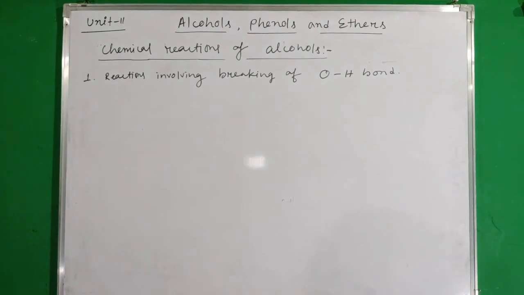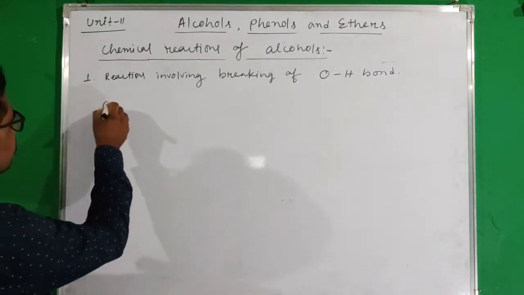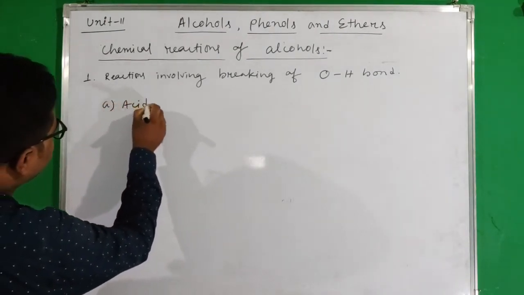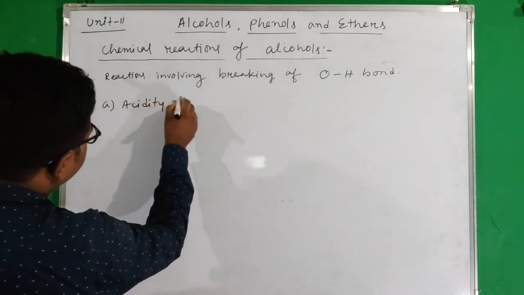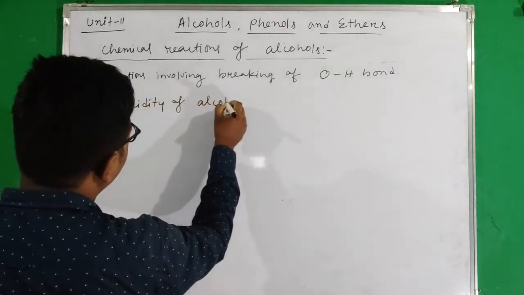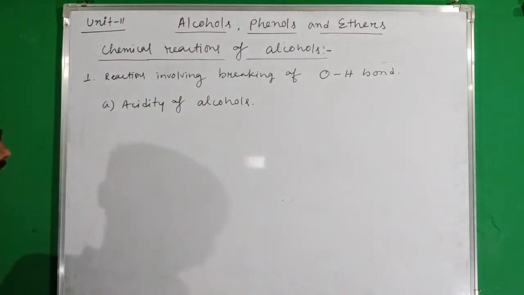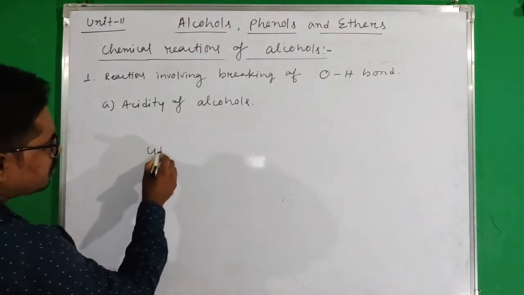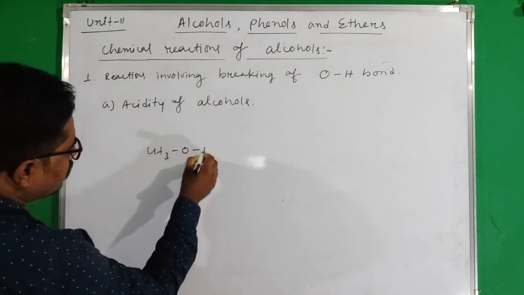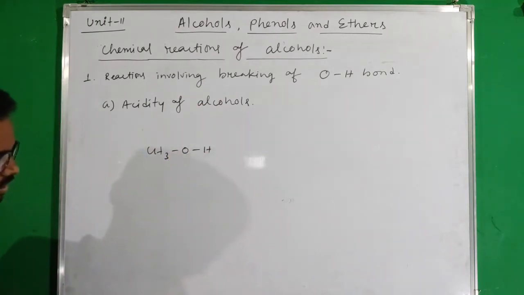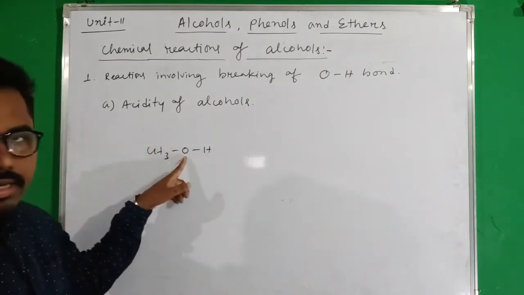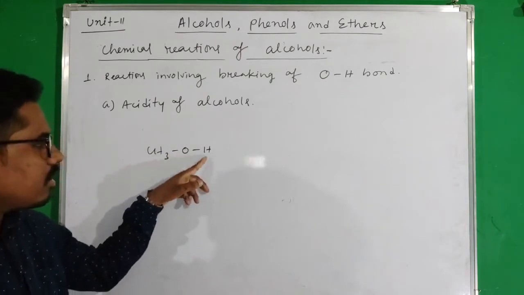Now in this case, at first we will discuss acidity of alcohols. Suppose we have considered CH3OH. The electronegativity of oxygen is higher than hydrogen.